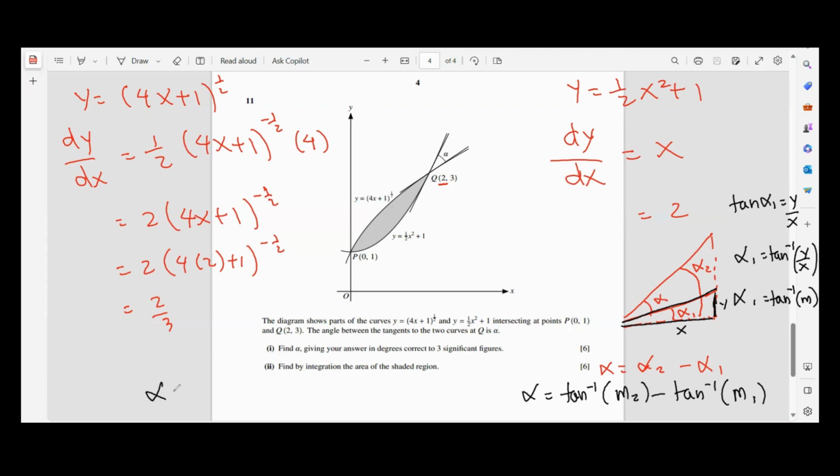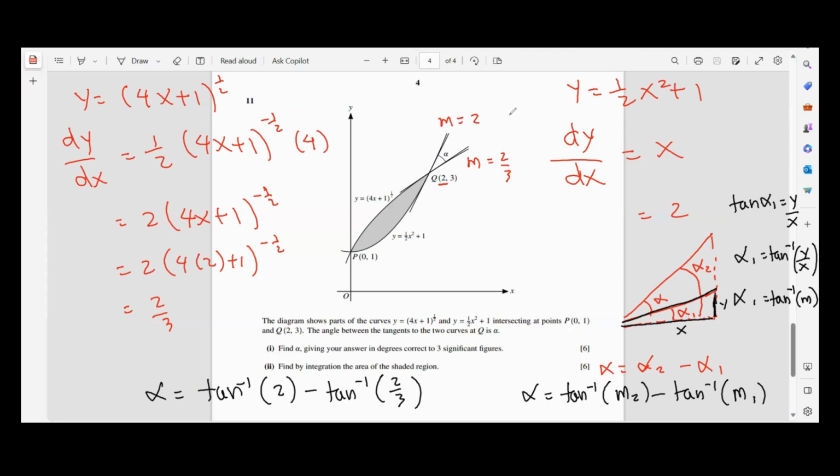So, okay, I will do tan inverse 2 minus tan inverse 2 over 3, because this one is the gradient 2 over 3, and this is the gradient 2.